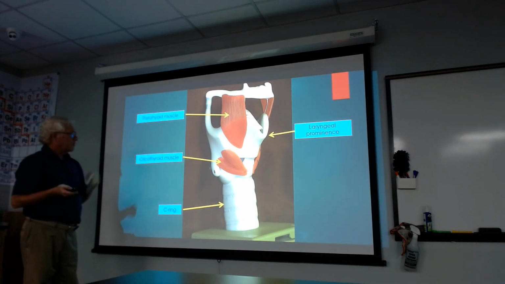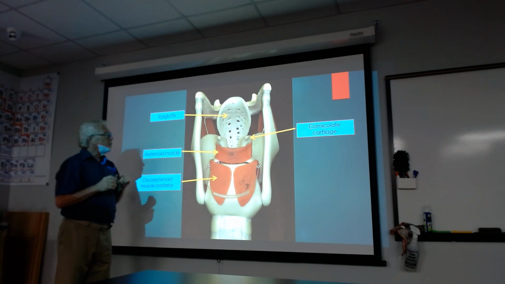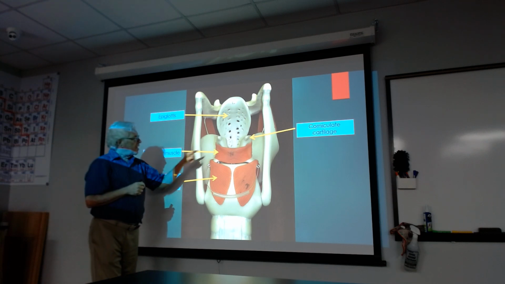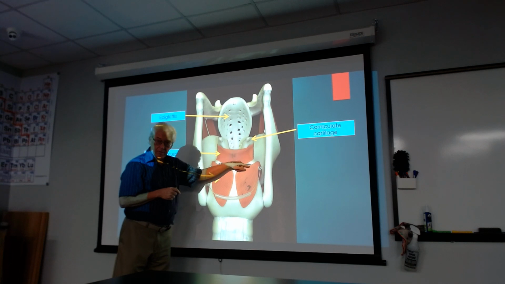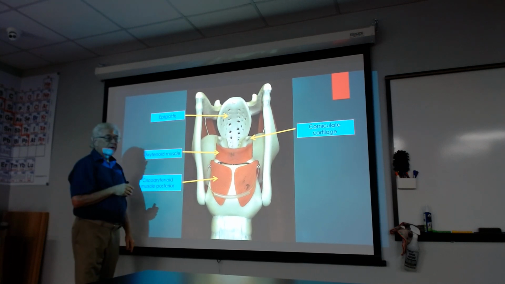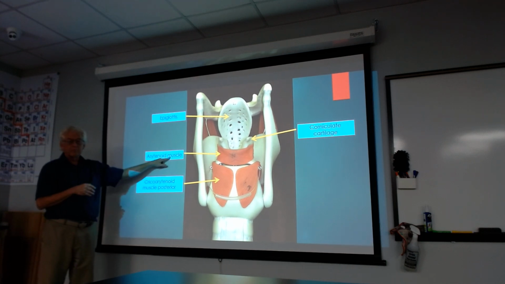Alrighty, same thing. I can see it now from the front. Alright, here we are in the back. Look at the cool names. Alrighty? Since these are the 2 arytenoid cartilages, we're not going to say arytenoid to arytenoid. We're going to say simply arytenoid muscle. Okay?